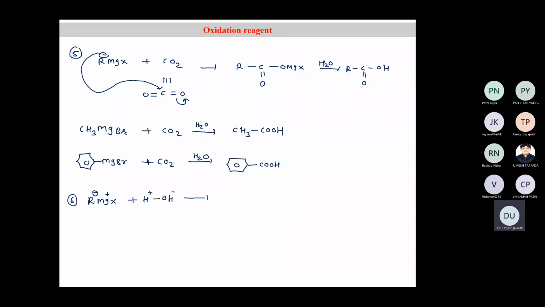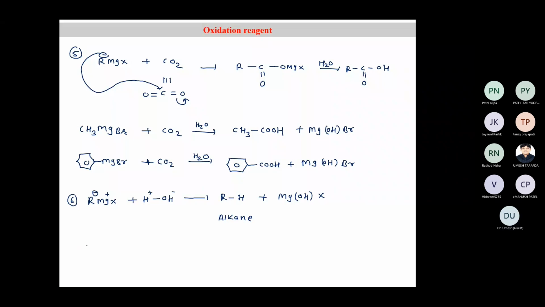R minus combines with H plus, it gives RH, alkane. Alkane is the product, and OH combines with MgX and gives MgOHX as a byproduct. So these are the various applications of Grignard reagent.